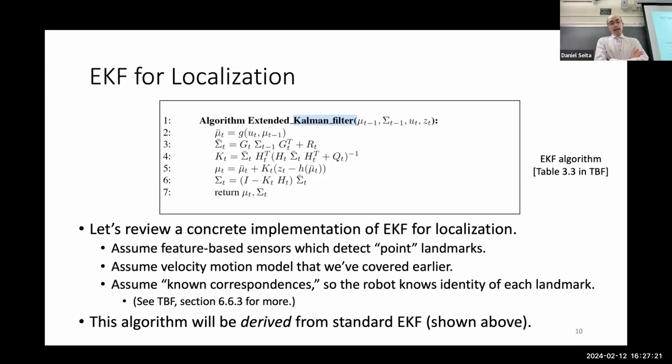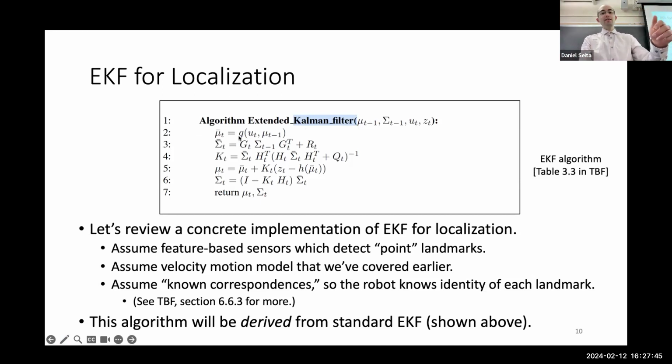This localization algorithm will be derived from the standard EKF. So remember what the EKF was. It was trying to represent beliefs as a multivariate Gaussian. The input is your prior Gaussian, the control, and the measurement.